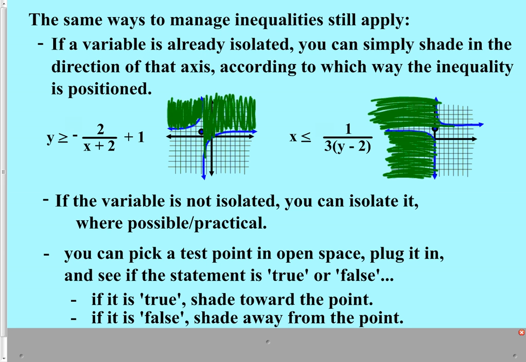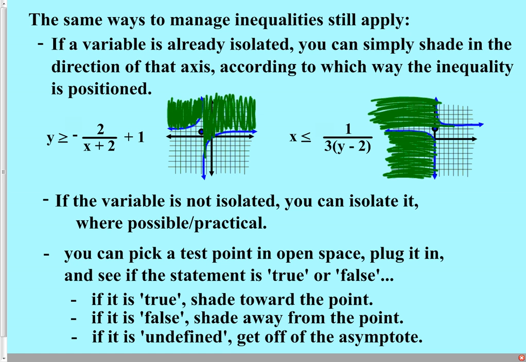Now, when we did the square root functions, we also had the possibility of picking a point and plugging it in and ending up with an imaginary result. Well, we do not have that possibility this go round because we do not have any radicals in our rational functions. But it is possible that you might pick a point and plug it in and end up with an undefined statement.